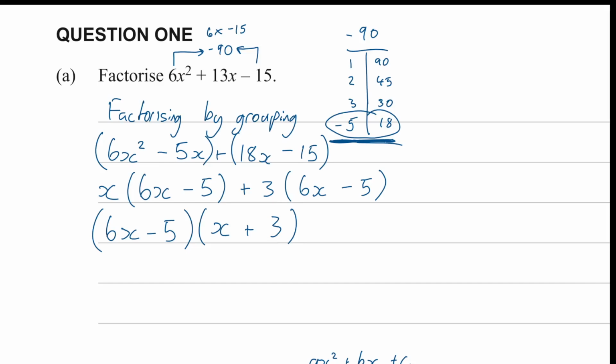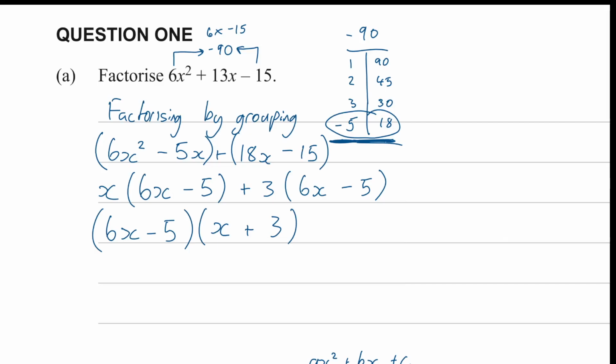Again, on that step, we could check by expanding it out. This times x gives us that term. This times positive 3 gives us that term. And we have factorized it, right? We have our two sets of brackets and our expression in terms of x. So that's factorizing by grouping.